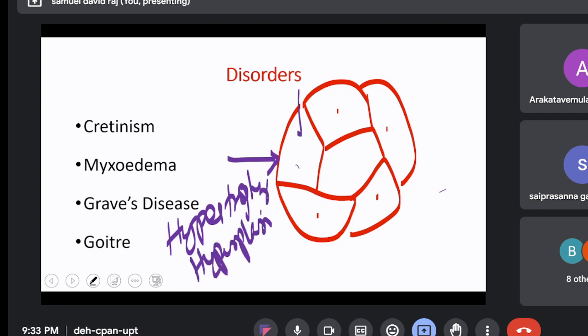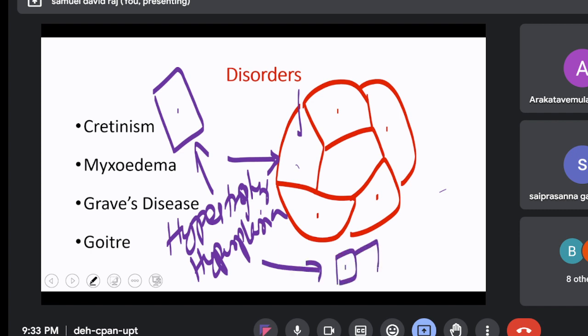What is hypertrophy? Hypertrophy is an increase in the size of the cell. Hyperplasia is an increase in the number of cells. I've told you before, when we are dealing with the size of these cells, in hyperthyroidism they are large in size, in hypo they are small in size. So what is happening here?